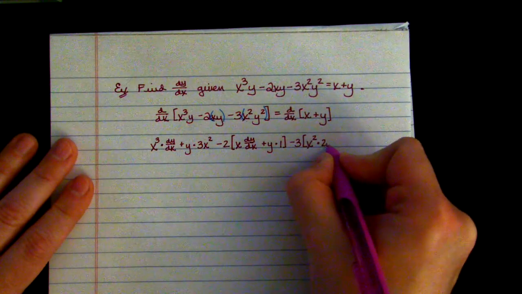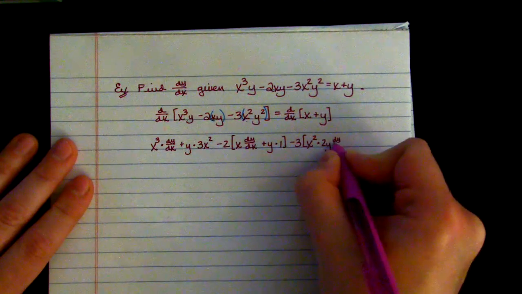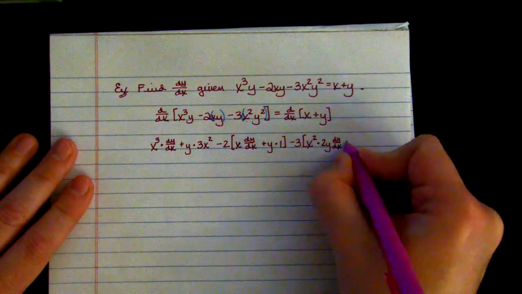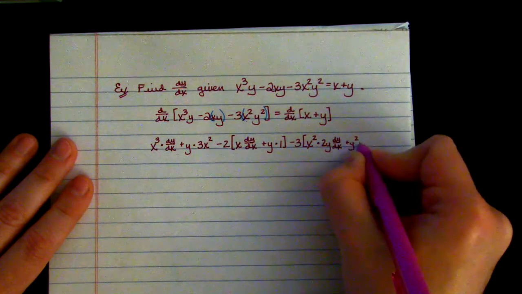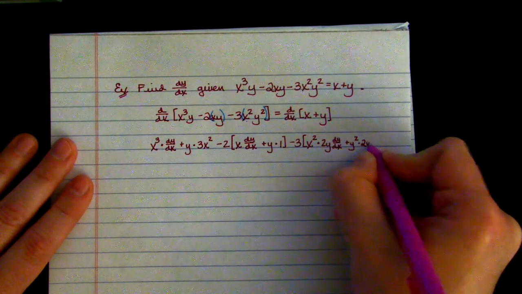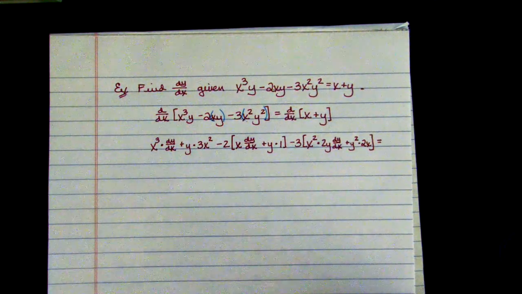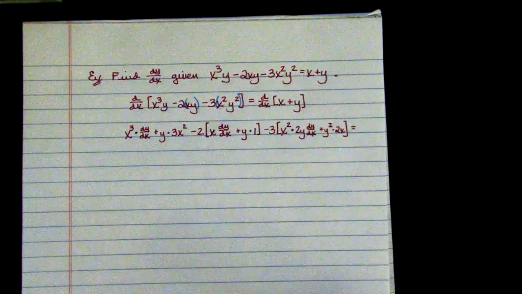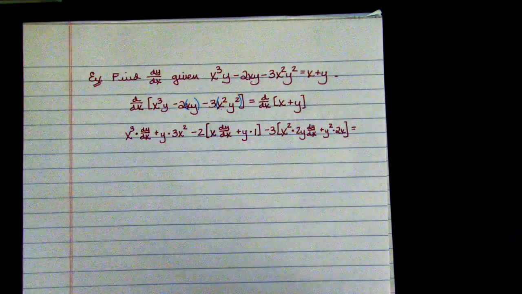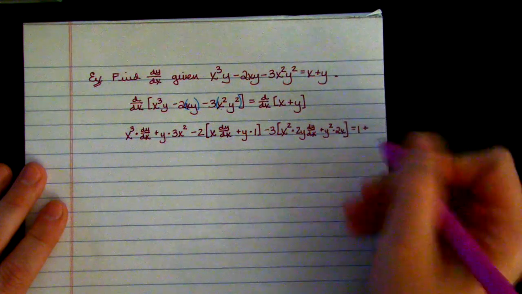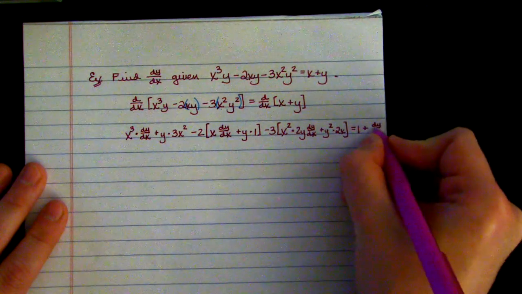Derivative of y squared is 2y dy dx, plus second y squared times derivative of the first is 2x. On the other side, the derivative of x plus y, well, the derivative of x is 1, and the derivative of y, dy dx.